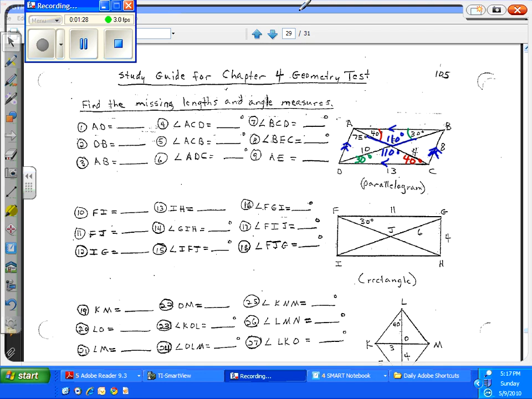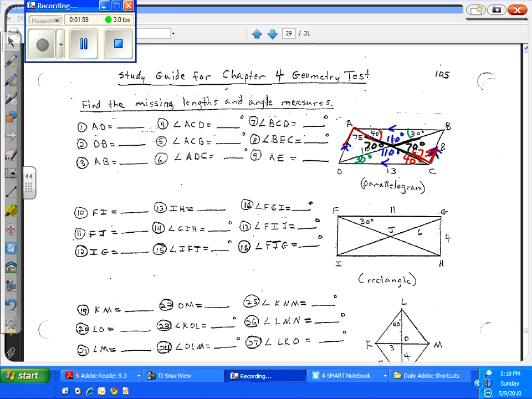Again, a straight line's 180, so if we take this straight angle, which is 180, minus the 110, we get this angle being 70, and the one vertical to it is 70. If this angle right here is 75, then this angle over here is 75 because they're alternate interior.